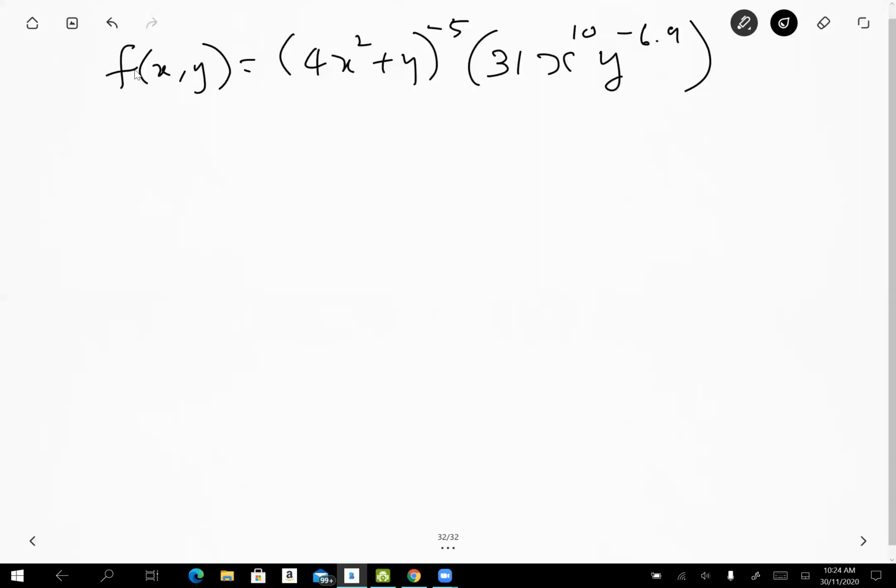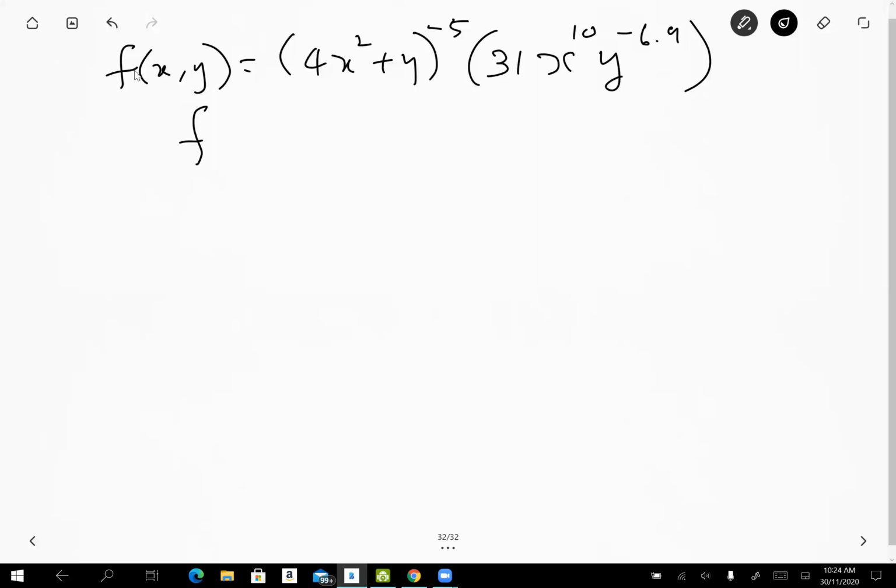And then you take the derivative, of course, by applying the partial derivative. So if we do that, we know the derivative is u prime v plus v prime u.